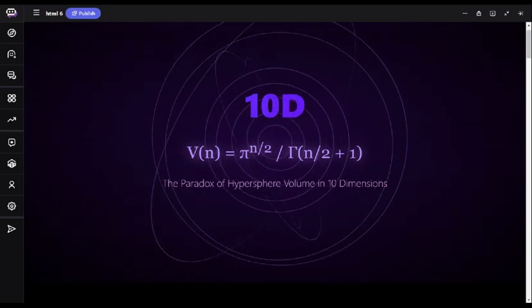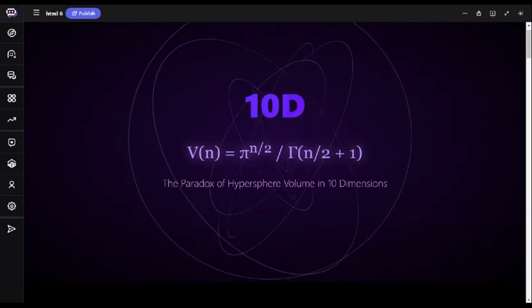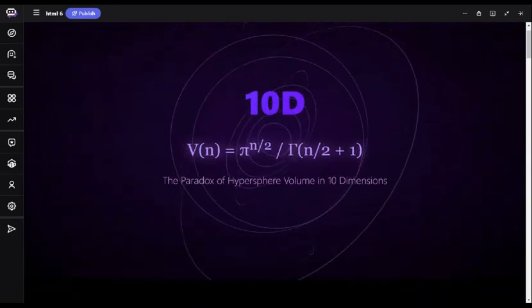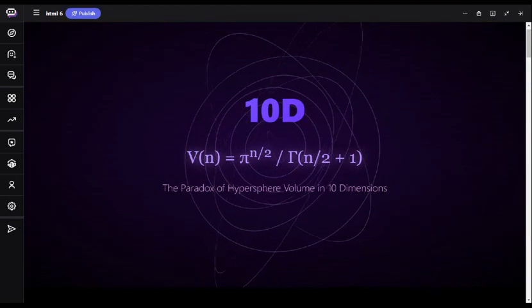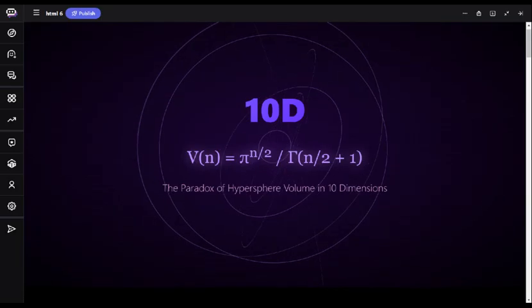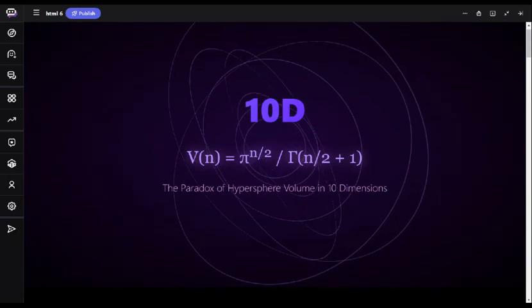If you look at it, it's a really interesting concept. So this is the visual simulation of this function, the volume as a function of n. Let's get back to the board.